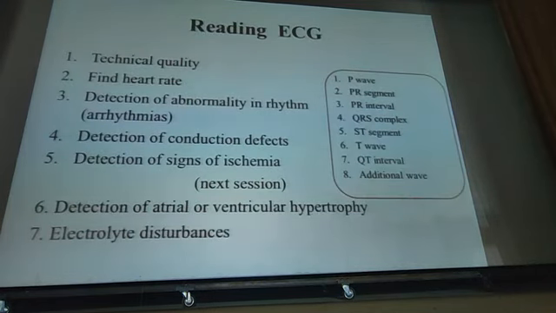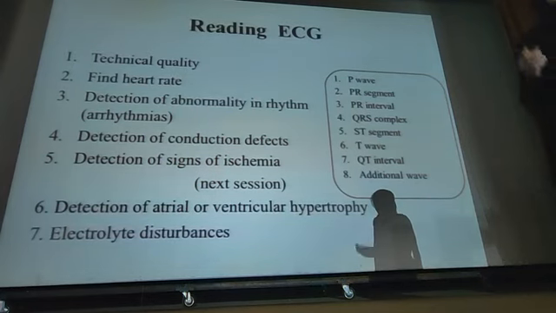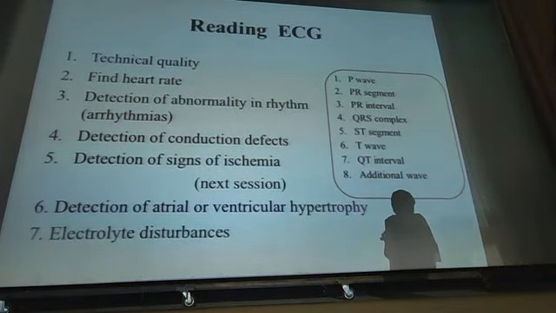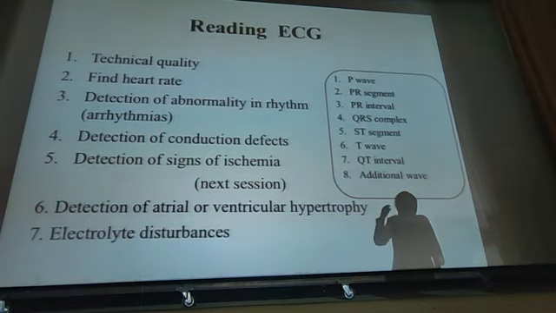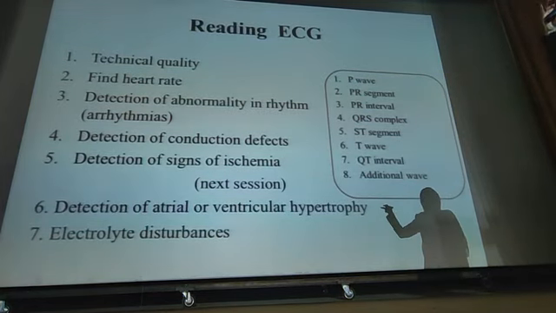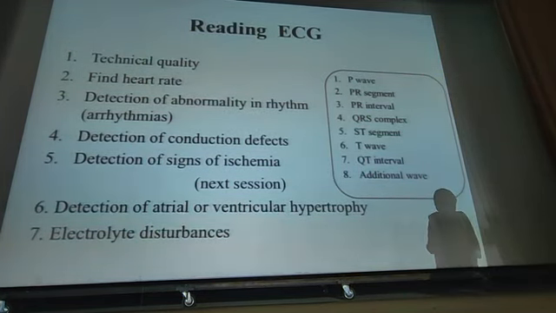So first, how to read an ECG? Before reading the ECG, you have to know if the electrodes are correctly placed or not. If an electrode is placed in another place, it will change the electrical activity transformed onto the ECG report and make you confused.